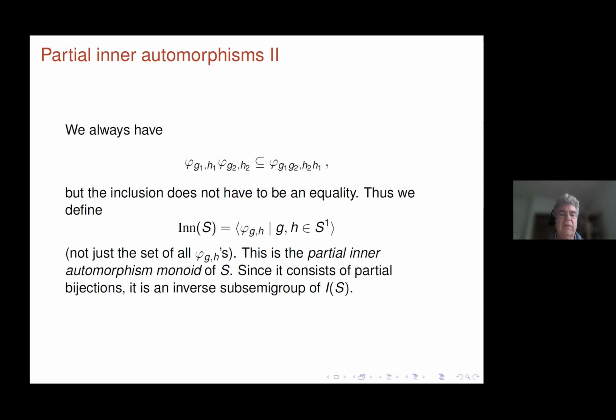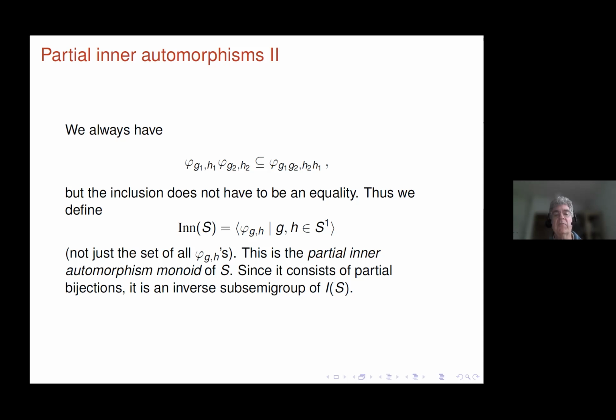This is the partial interautomorphism monoid of the semigroup. I'm not making an assertion here. That's a definition. And since it consists of partial bijections, this is in fact an inverse subsemigroup of the symmetric inverse monoid on the semigroup.